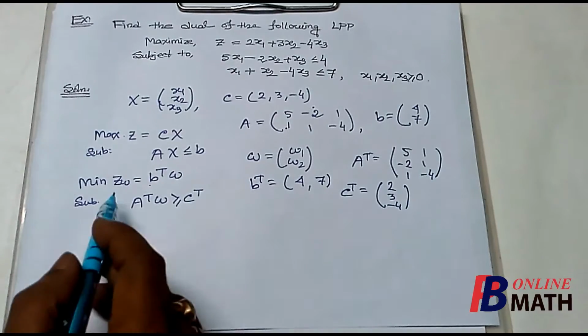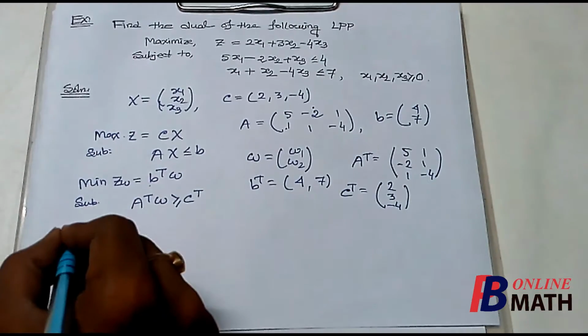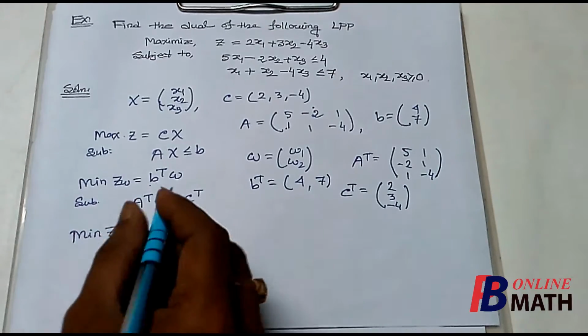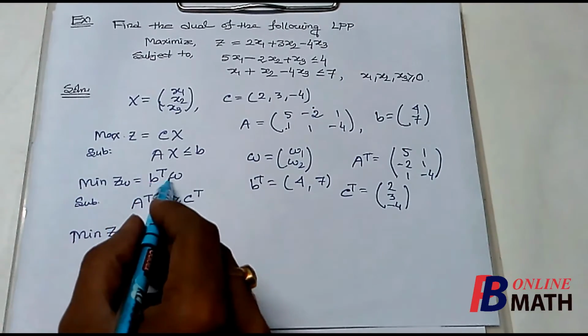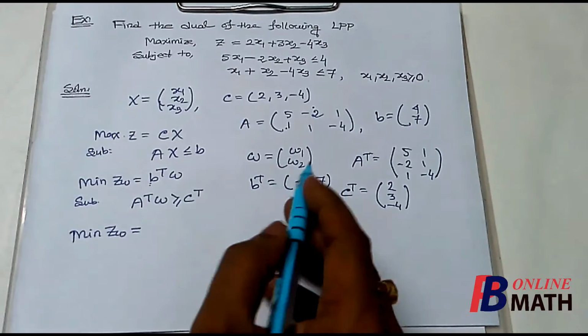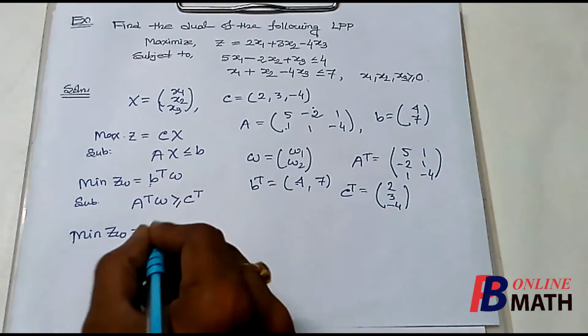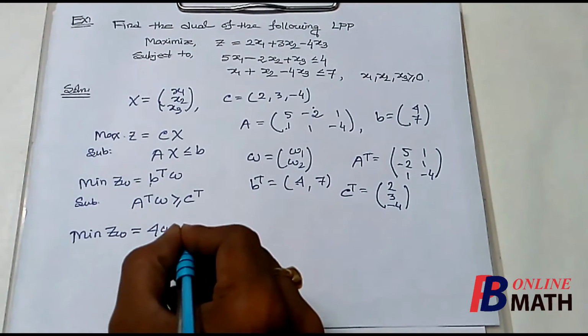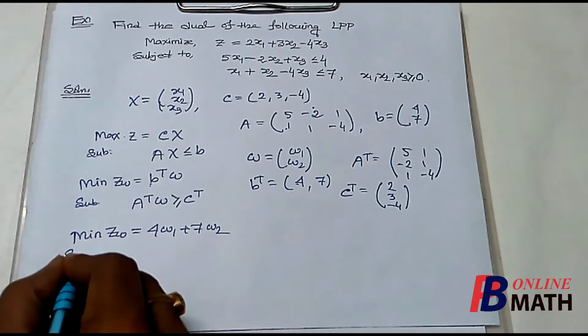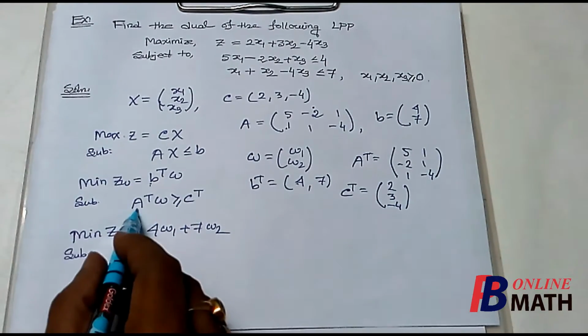Now let us find the dual. It will be minimization of Z omega, which is B transpose into omega. If we multiply B transpose by omega, it will be 4 omega 1 plus 7 omega 2, subject to A transpose omega.